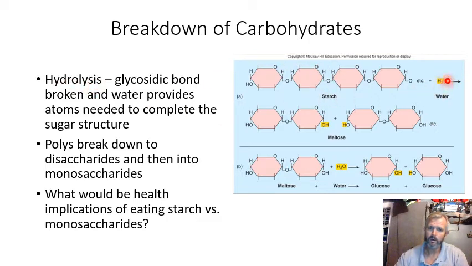So these reactions are called hydrolysis. We're adding water and lysing the bonds. In this case, we have starch, which we first break down into the disaccharide maltose. And then ultimately in our digestive tract, maltose and water break down into the individual monosaccharides.